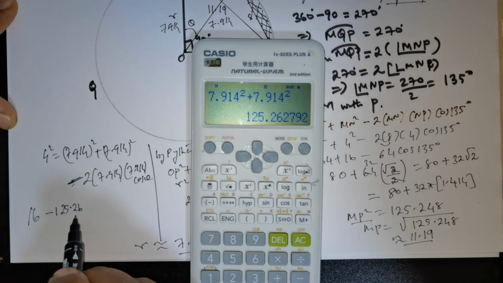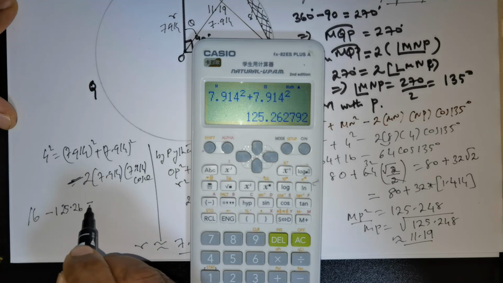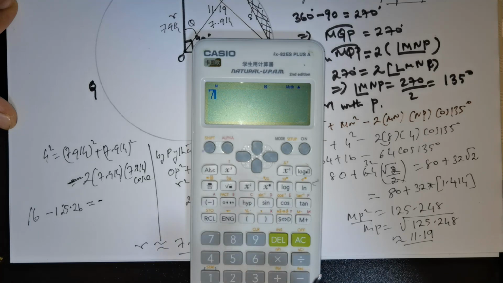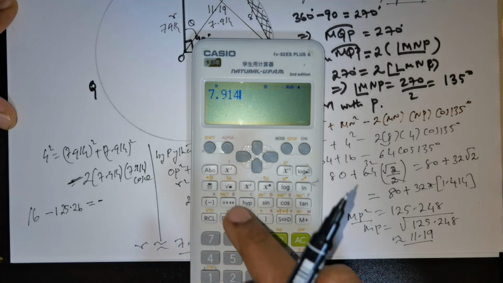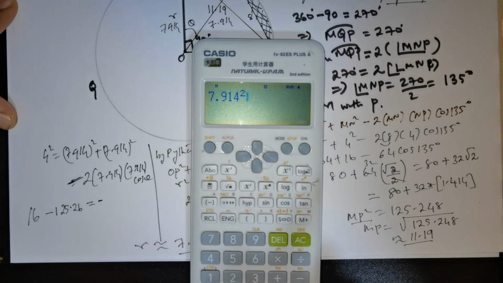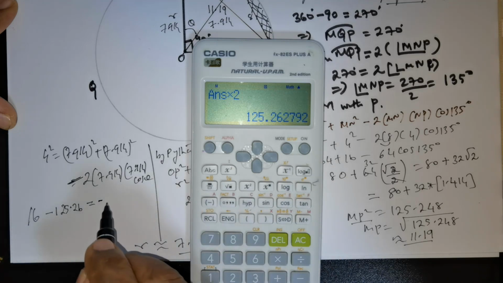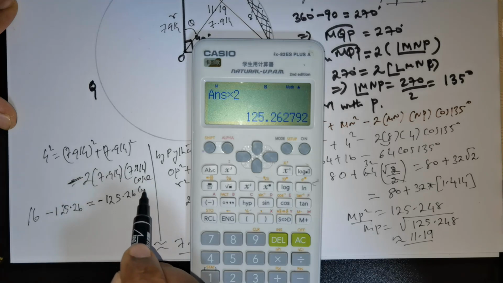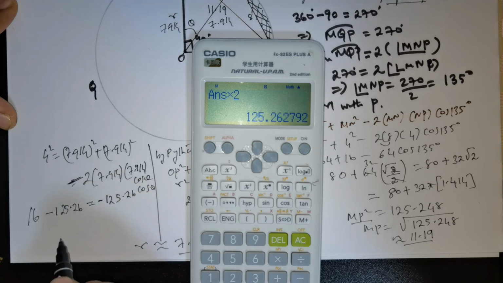I'll just retain 125.26 is equal to negative, you have 7.914, you take the square of that, that is multiplied by 2, so negative 125.26 times cos theta, right?